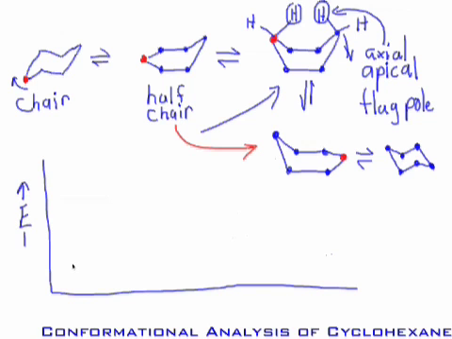I would start out at low energy at the chair. I'd jump to a half chair, which is high energy. I'd get to a twist boat, which is low energy, higher energy for a boat, back to twist boat, high energy again for a half chair, and then back down to low chair. I'd end up with something like this.